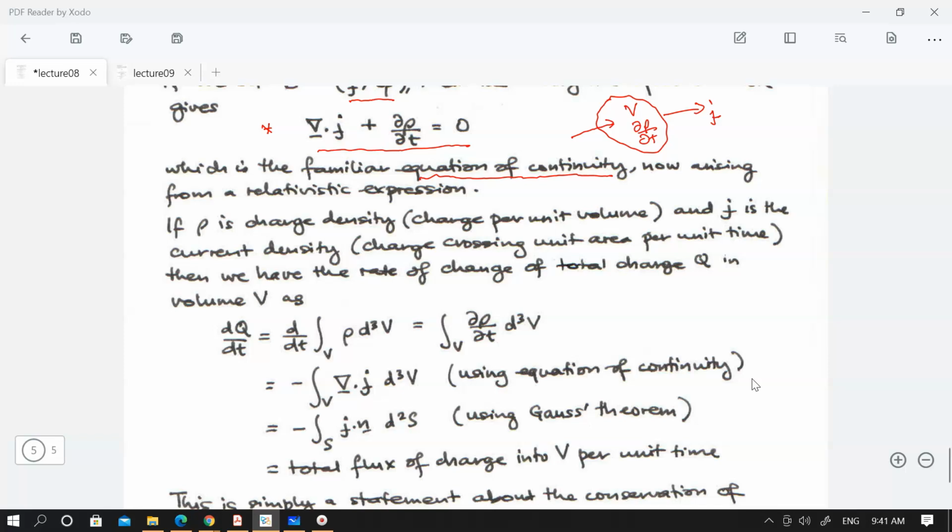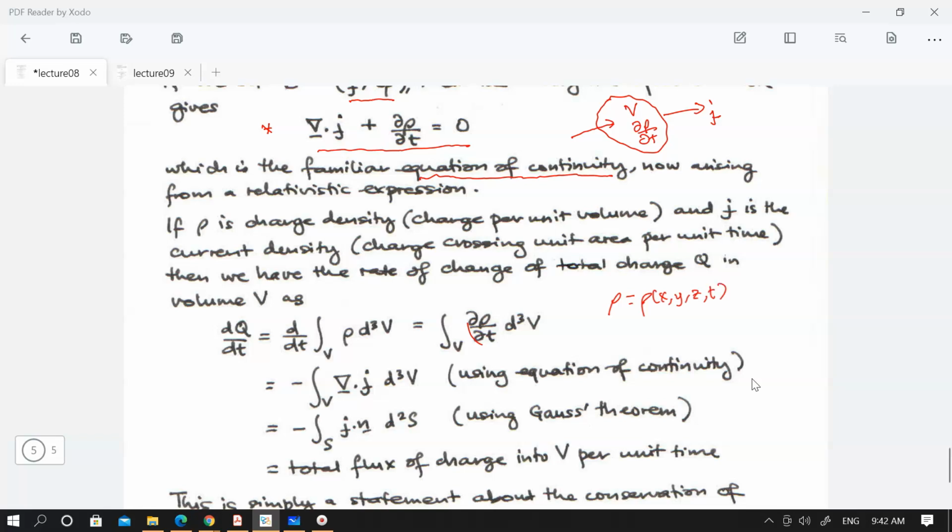When I bring this in, remember that rho will now depend on your spatial coordinates as well, and in this particular case, if you have varying charges, then you have time dependence as well, so you change this to a partial derivative, because rho now becomes a function of x, y, z, and also t.